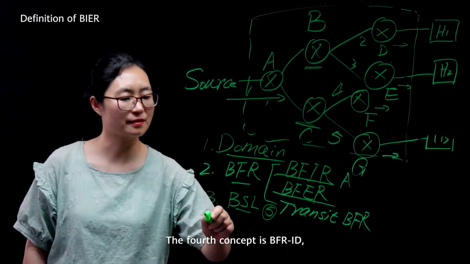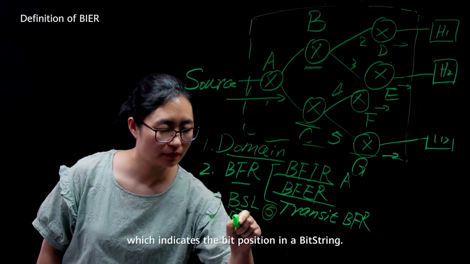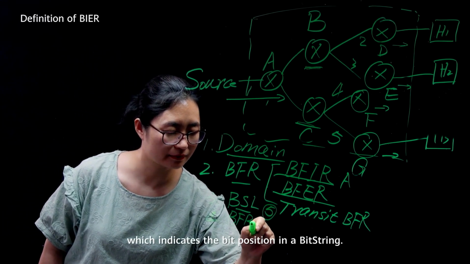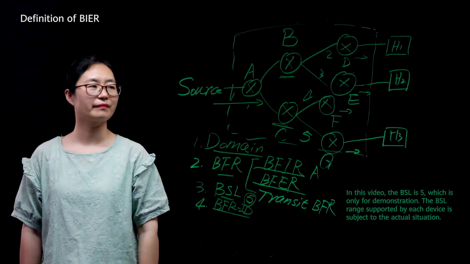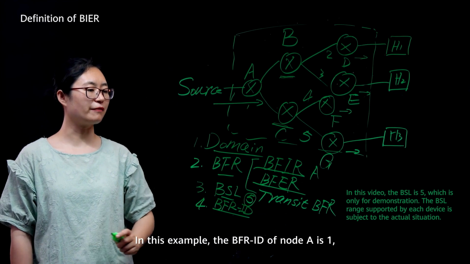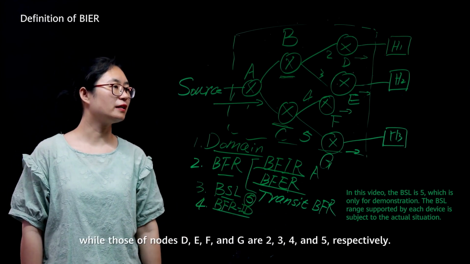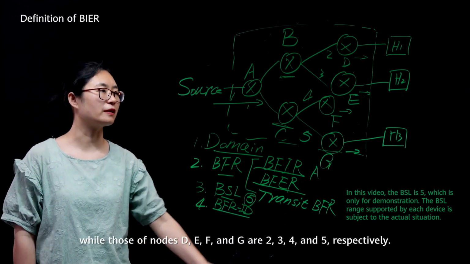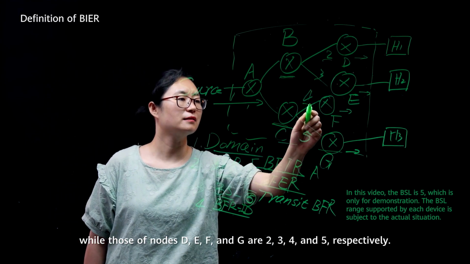The fourth concept is BFR ID, which indicates the bit position in a bit string. In this example, the BFR ID of node A is 1, while those of nodes D, E, F, and G are 2, 3, 4, and 5, respectively.